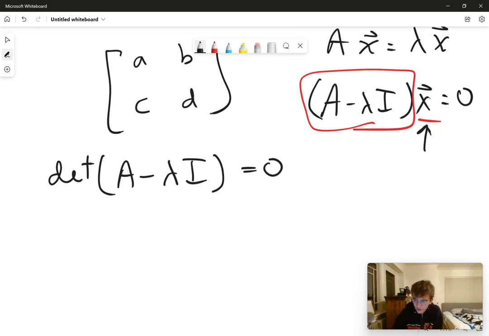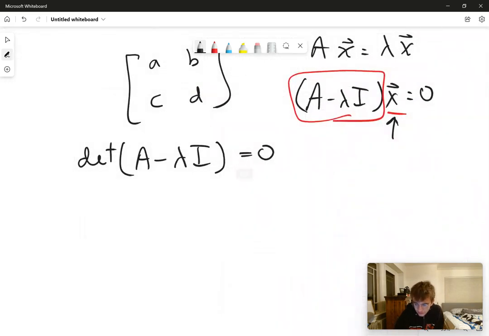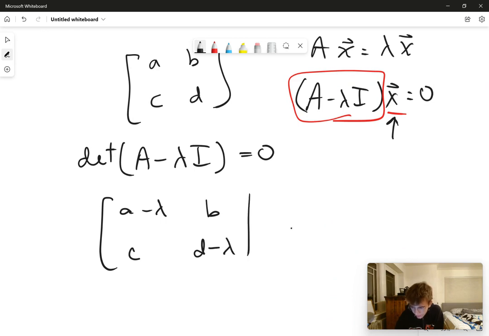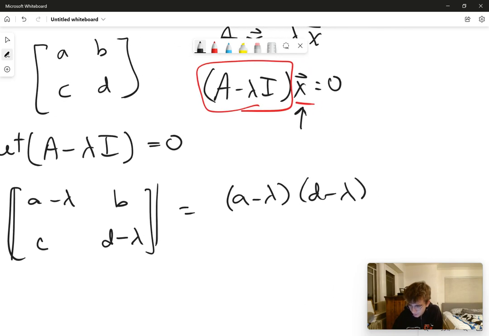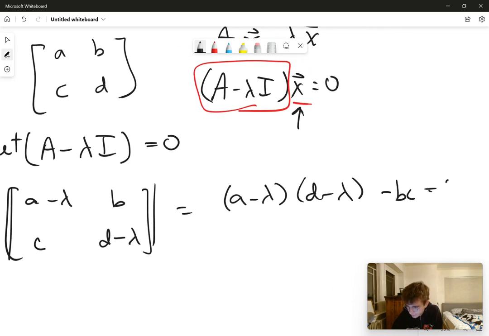So by setting this determinant equal to 0, we have the matrix with entries a minus lambda, b, c, d minus lambda. Take the determinant of this matrix here, okay? We're going to get a minus lambda times d minus lambda, minus bc is equal to 0.